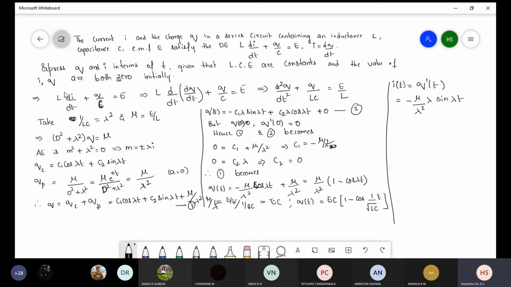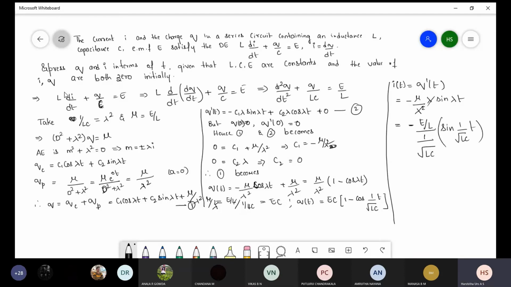Again C2 is 0, don't mention. Now mu is minus E by L. Lambda will get cancelled. Again only remaining will be lambda. In that lambda place, what we have to write? Root 1 divided by root of LC into sine of 1 divided by root of LC into t.